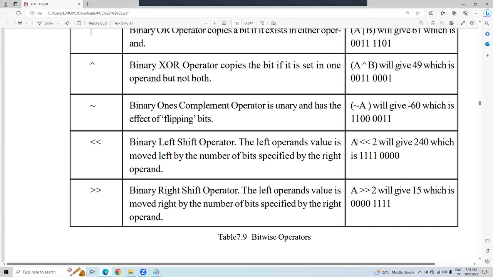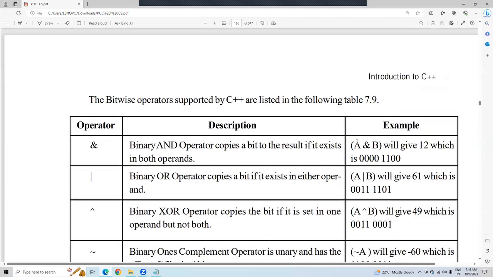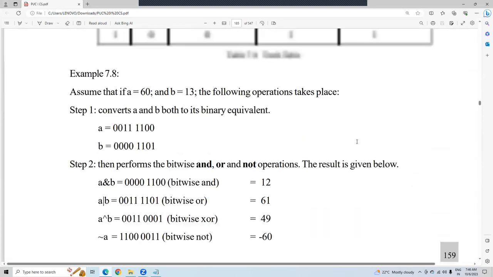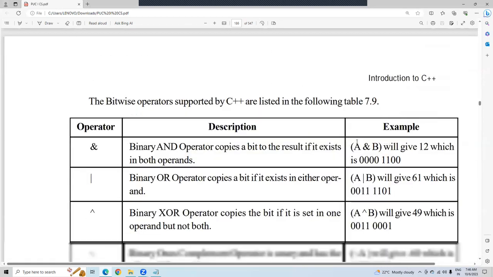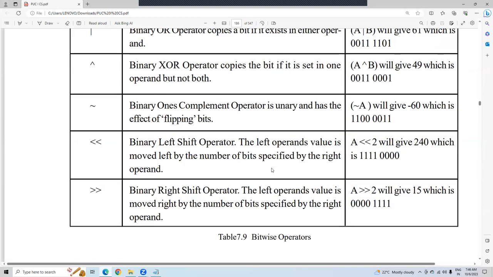A left shift operator by 2 will give you 240. Any values are given for A and B? No. And a right shift operator, where the left operand value is moved right by the number of bits specified by the right operand, will give you 15, which is this number.